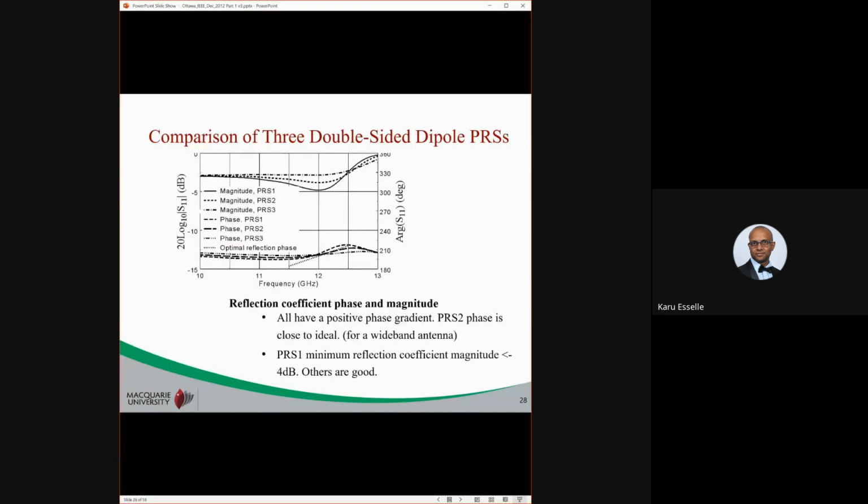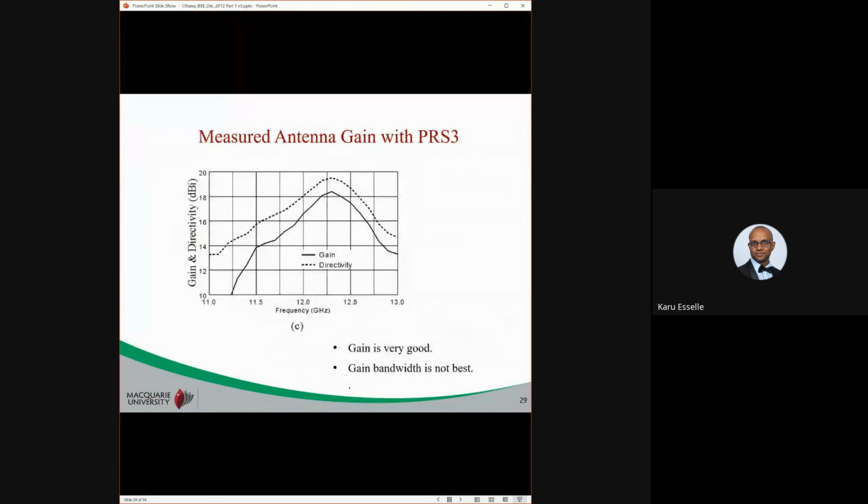That is because if you look at the PRS3 phase curve, it doesn't have enough positive gradient.